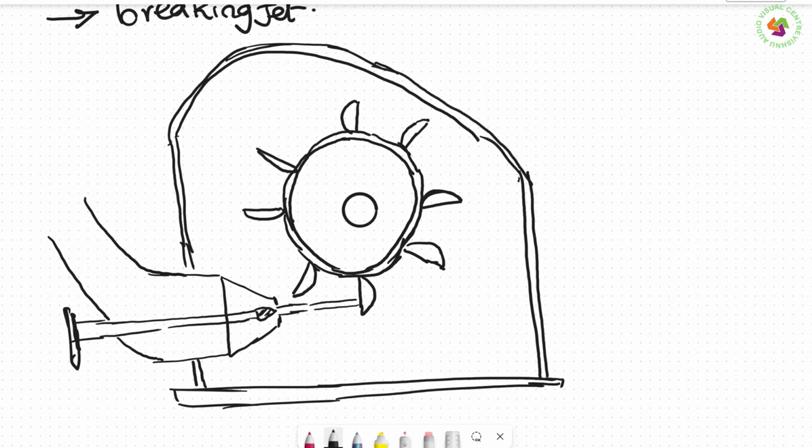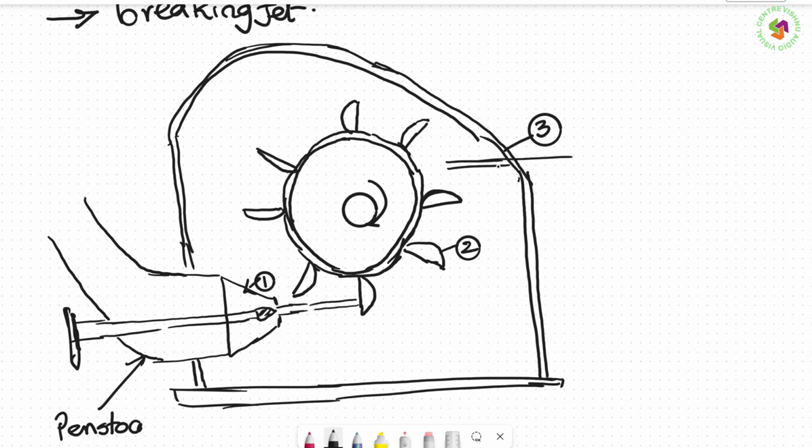So you see, number one, the nozzle and spear arrangement, this is the penstock. This is the nozzle and spear, your first element. This is the second element, and this is how it rotates. The third element is this casing. Then the braking jet, from somewhere here, will be operated like this.